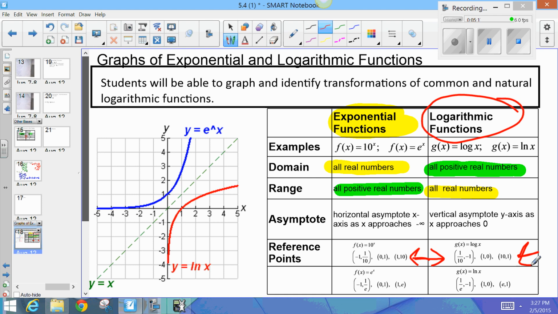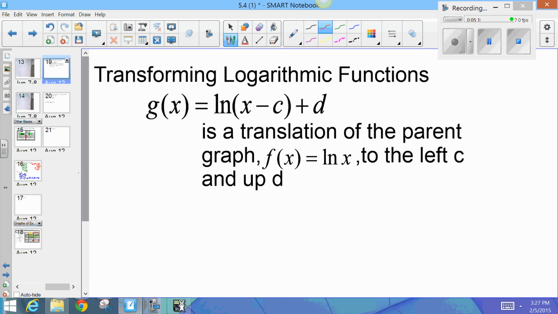All right, what's next? The transformations. In chapter 3, we did transformations of some other parent graphs. Now we're just going to talk about the same transformations, all the same rules apply. You're really only concerned, though, with vertical and horizontal shifts for this course this year. So C is going to move left and right.